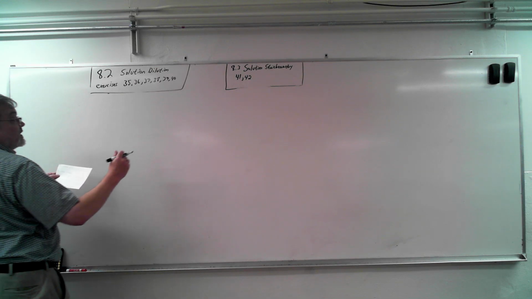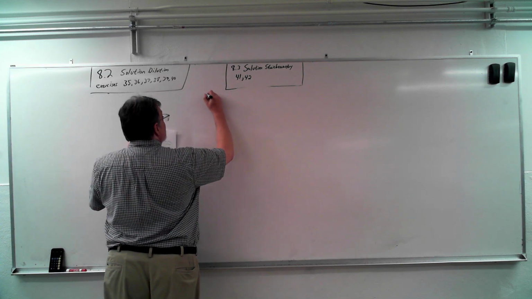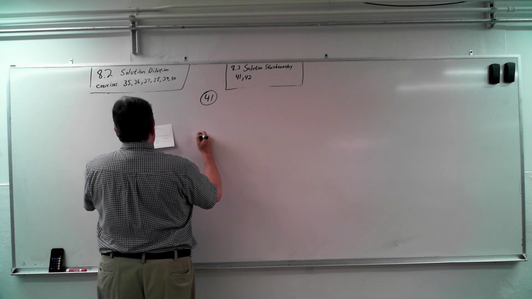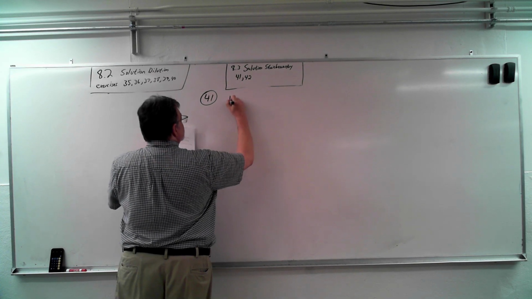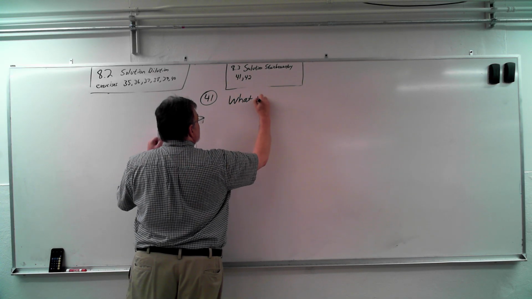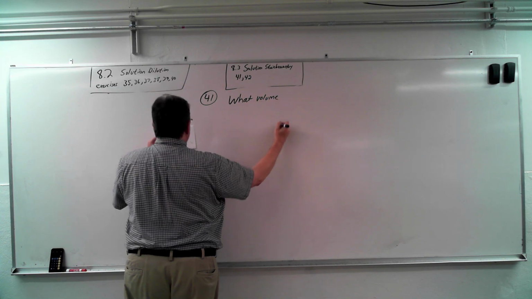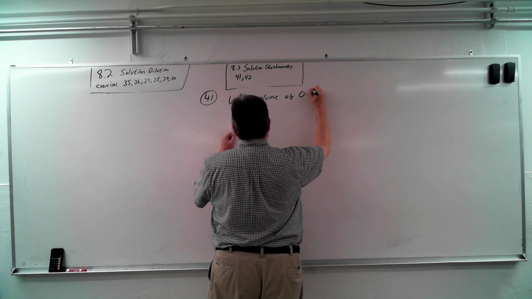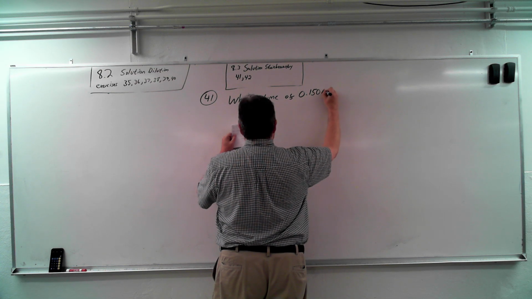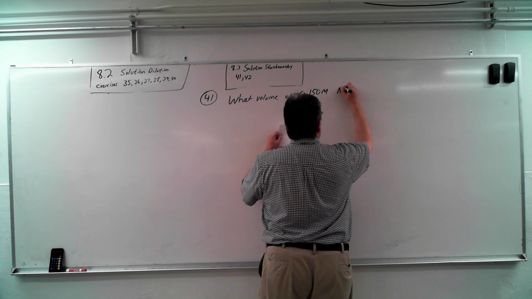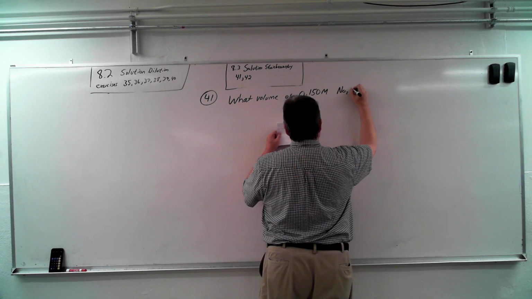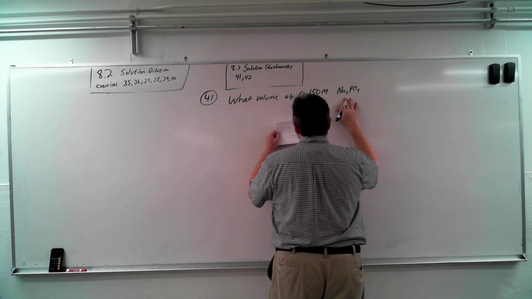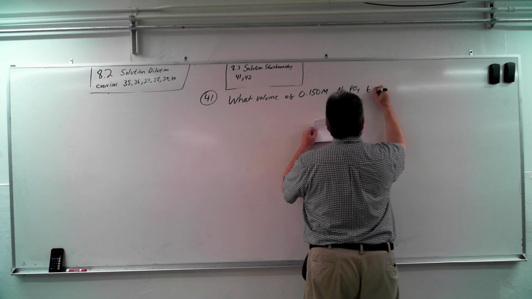All right. This is exercise 41 at the end of the chapter. The question is, what volume of 0.150 molar Na3PO4 is needed to react with 82.9 milliliters of 0.0221 molar CuCl2? Again, the specific compound doesn't matter unless grams is mentioned. They're just giving a specific example.